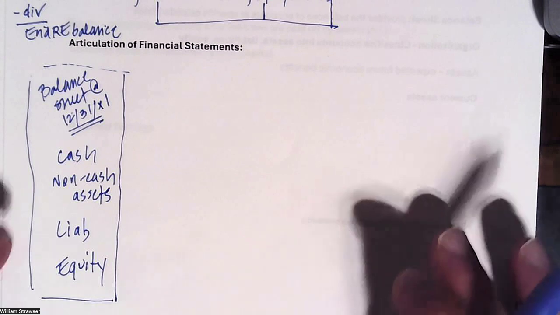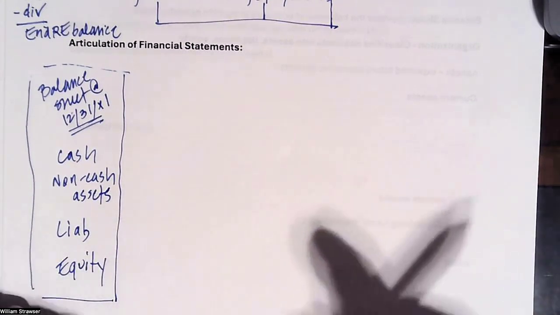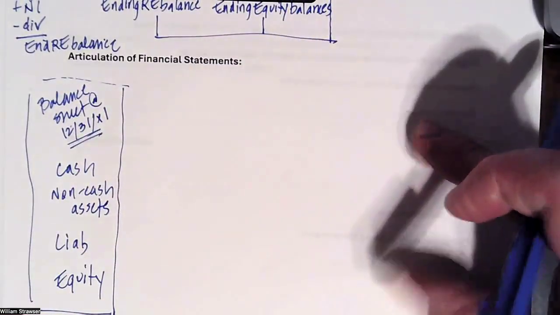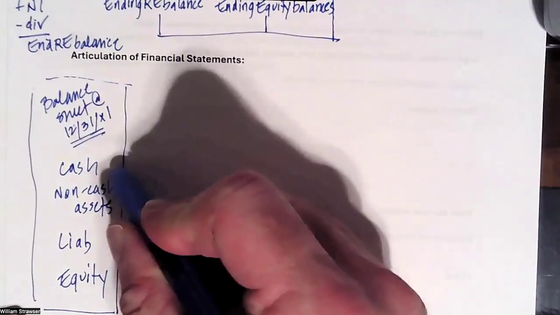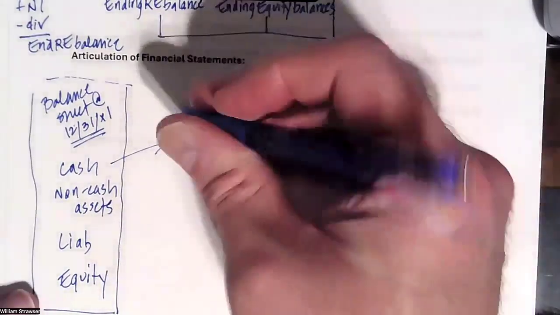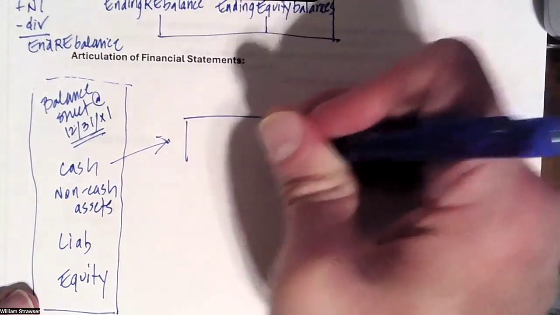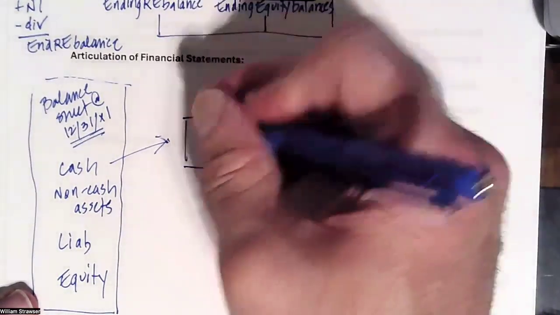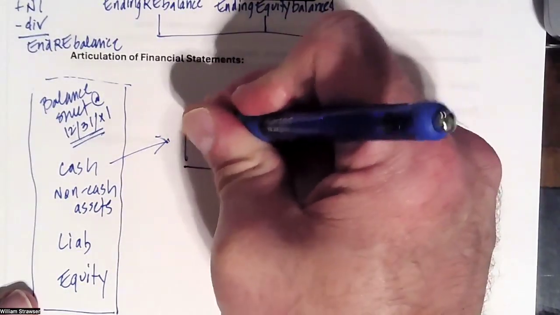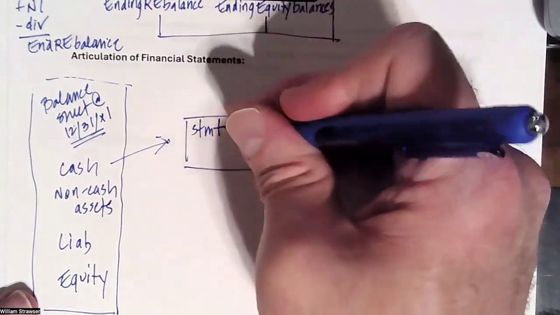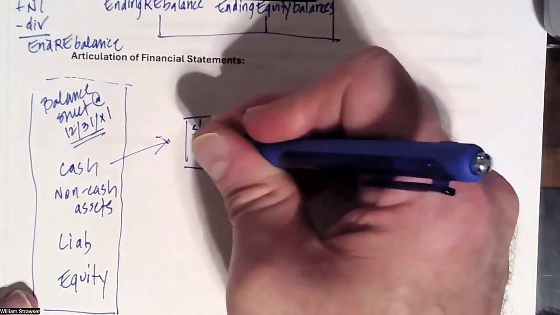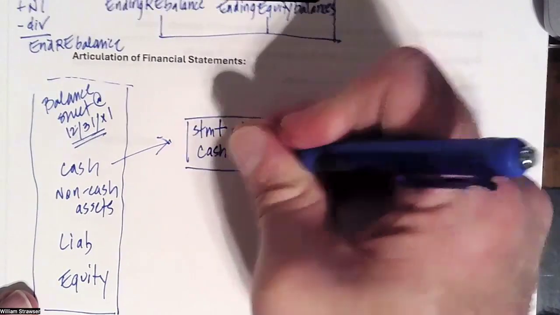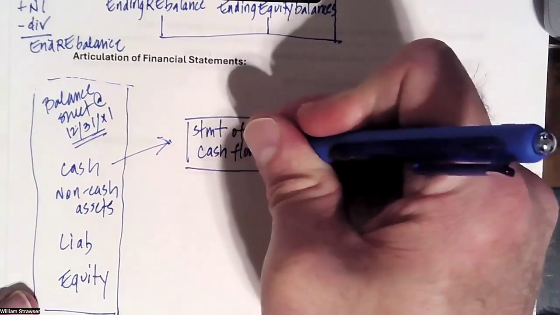Now, the financial statements other than the balance sheet all show me what happened during the period. So, for example, cash is going to change. We are going to record and list how cash changed, why it changed. Was it operating activities? Was it financing activities? Was it investing activities?